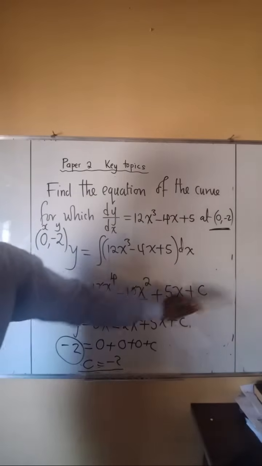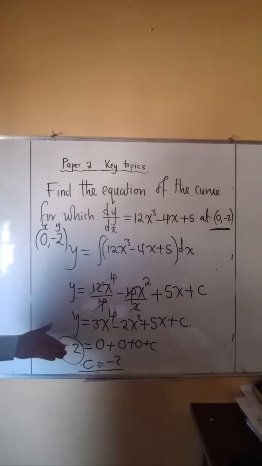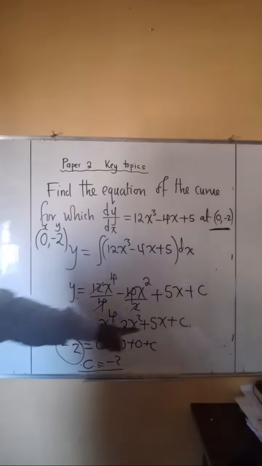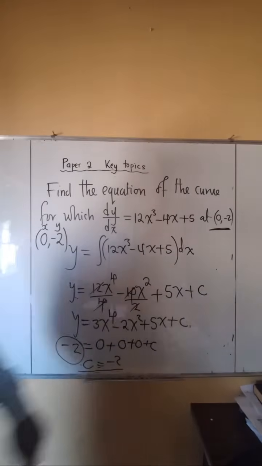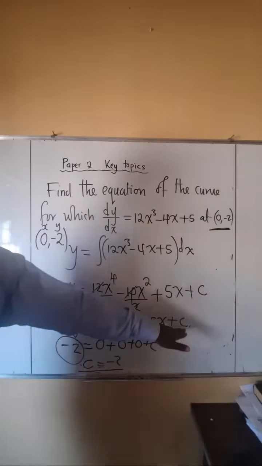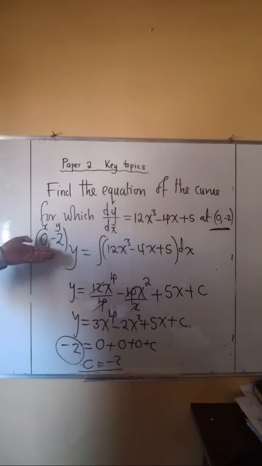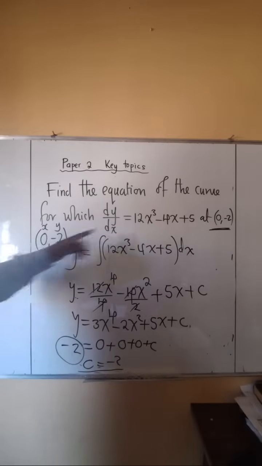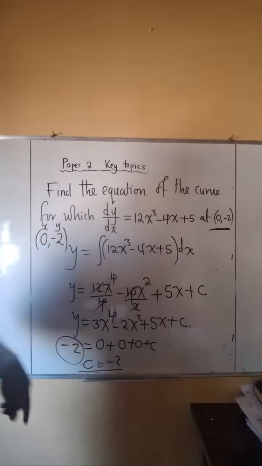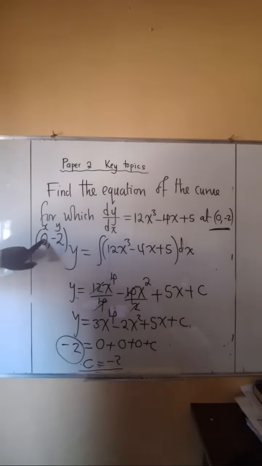You're going to say plus c. So once we say plus c, our job now is to find the value of c, and to find this value of c depends on the point given. You see this point given? We know that there is a 0, -2. So the x value is 0, the y value is -2.